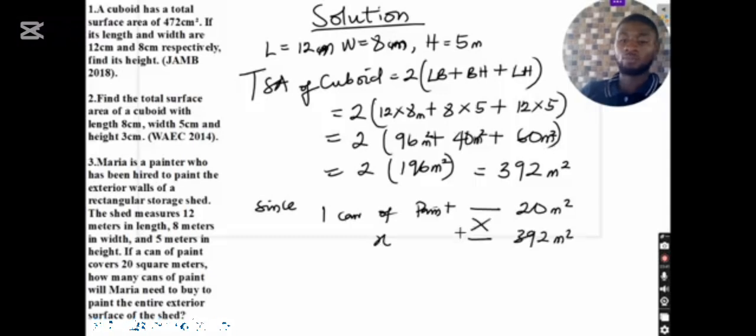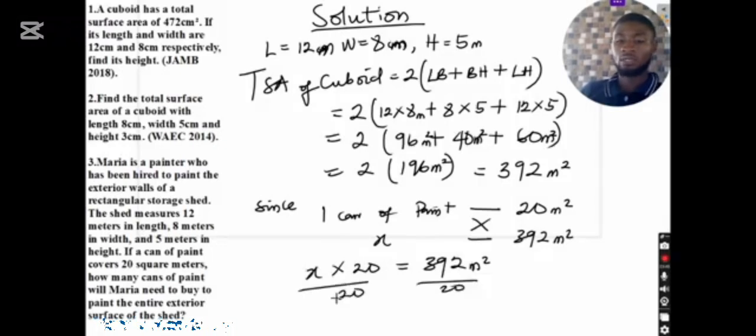From here you cross multiply, so that x multiplied by 20 is equal to 1 multiplied by 392 square meters. So we divide through by 20. The value of x we are looking for would be 392 over 20.